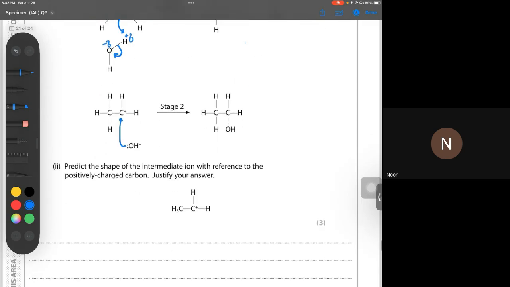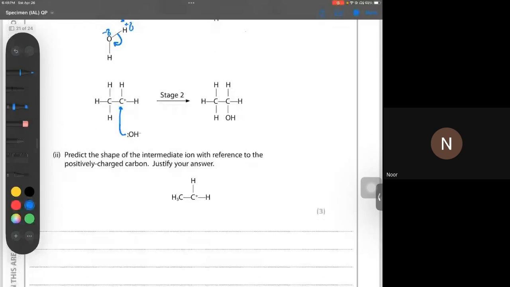Predict the shape of the intermediate ion with reference to the positively charged carbon. Justify your answer. How many lone pairs and bond pairs does it have? So, what would you say about that?